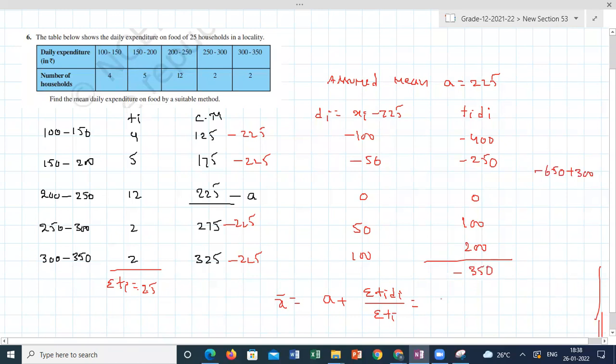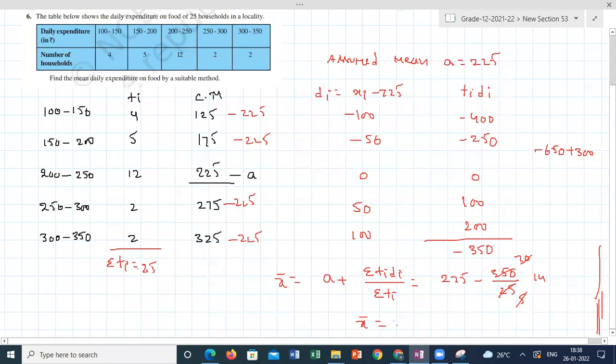So a is 225 minus 350 divided by 25, which is 14. So the mean is 225 minus 14, which is equal to 211. I got 211 as the answer.